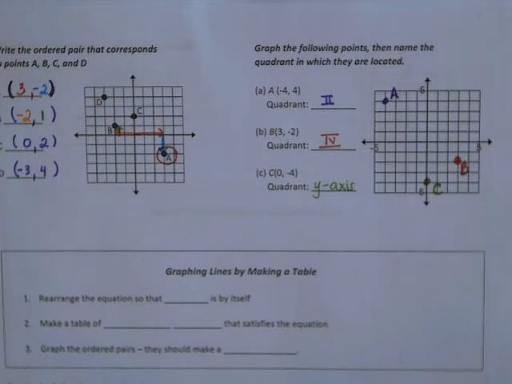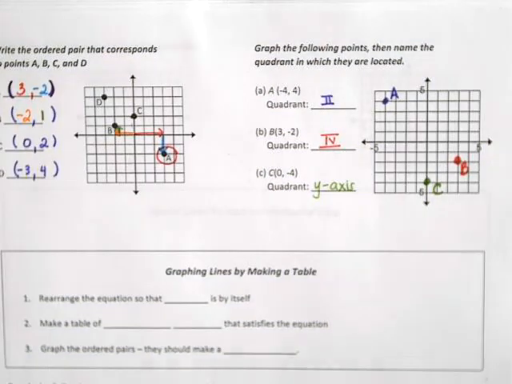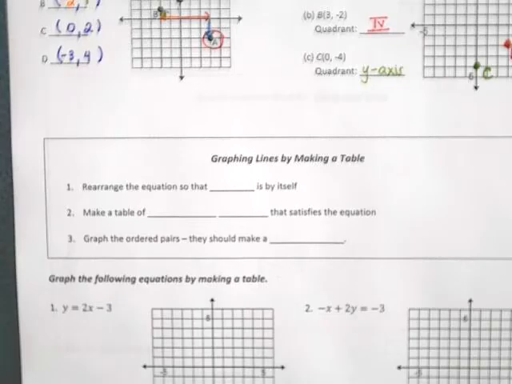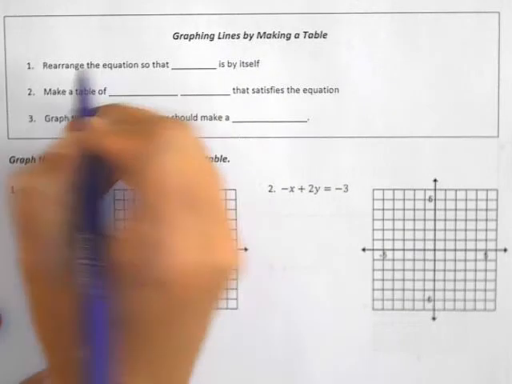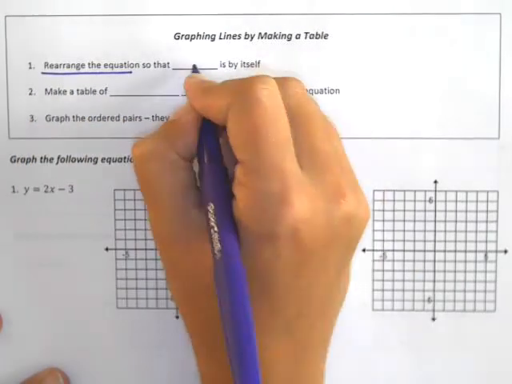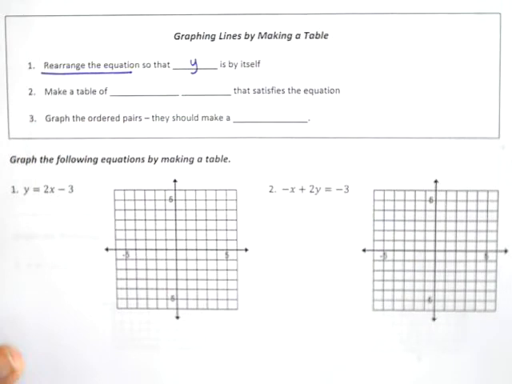Now let's take a look at how we use graphing points to graph lines. So the first way we're going to learn how to graph a line is by making a table. Now when we want to do this, there are a couple steps to this process. The first step is to rearrange the equation so that the y is by itself. All of your equations are going to have x's and y's in them. You're going to want y to be by itself.